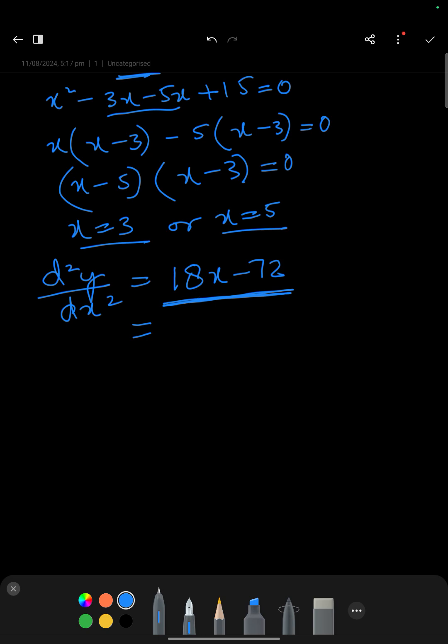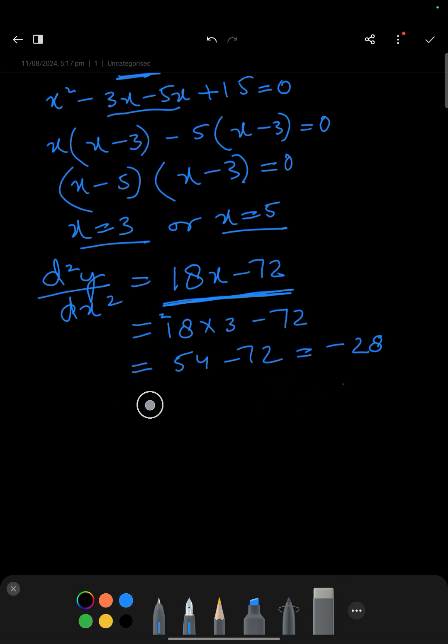So we put the value of x, 18 into 3 minus 72, 54 minus 72, it will be minus 18. It comes out to be negative, so this will be the case of maxima.